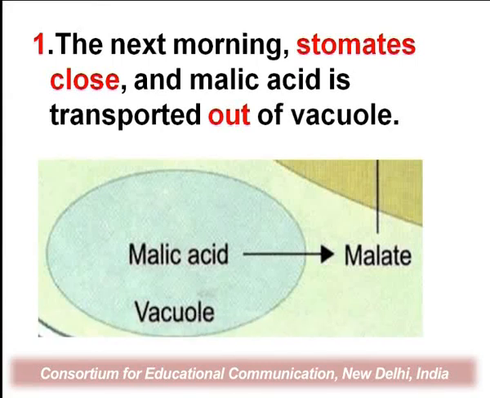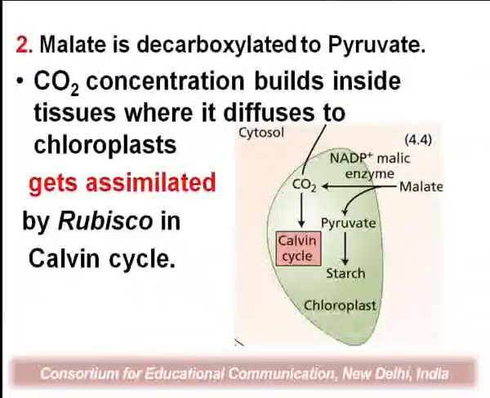Now once this malate is in the cytosol, it has to be decarboxylated, because this is daytime, and it will get decarboxylated to pyruvate by now entering the chloroplast, where the enzyme NADP malic enzyme is going to break down this 4 carbon compound into carbon dioxide.